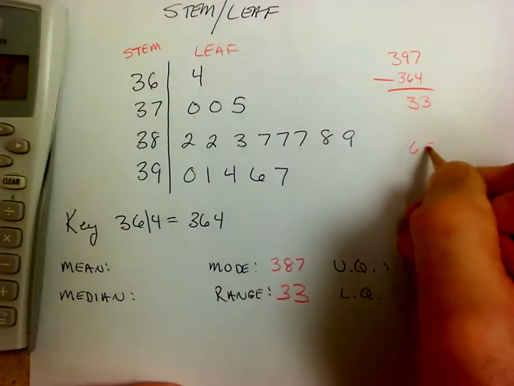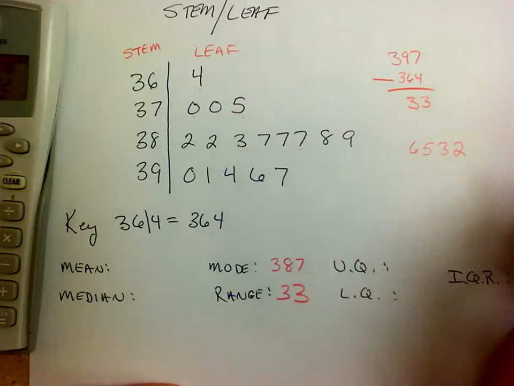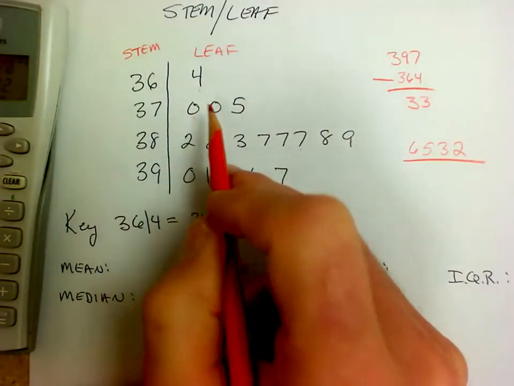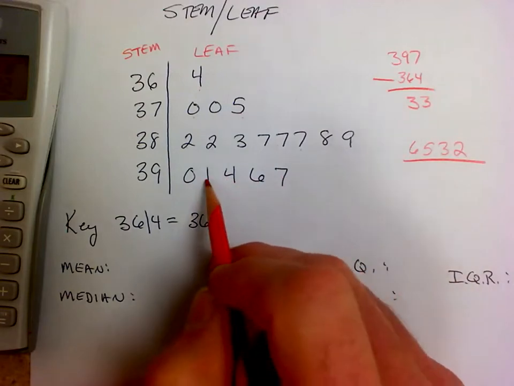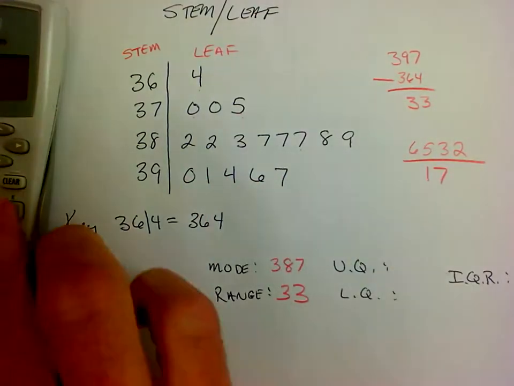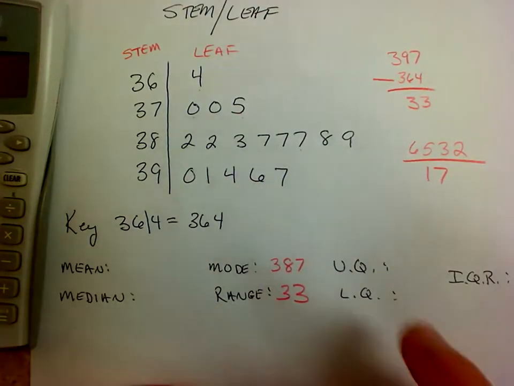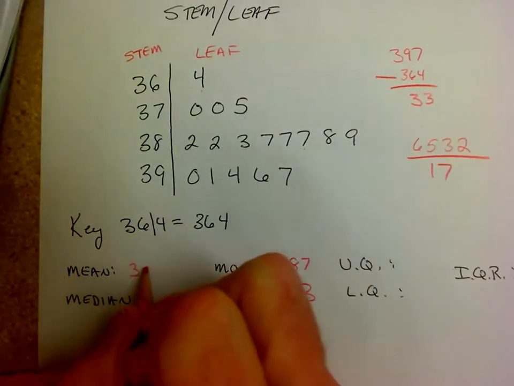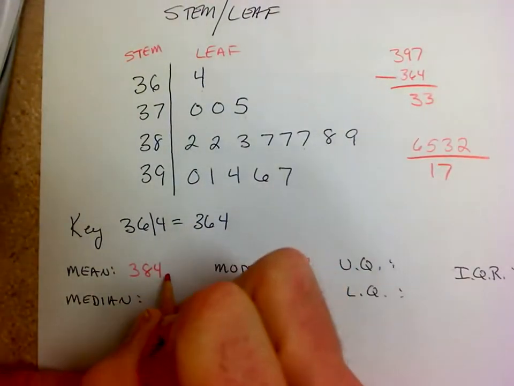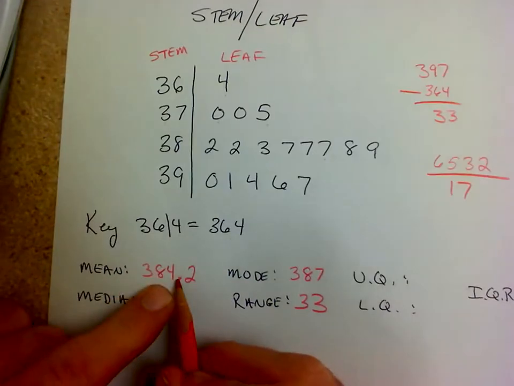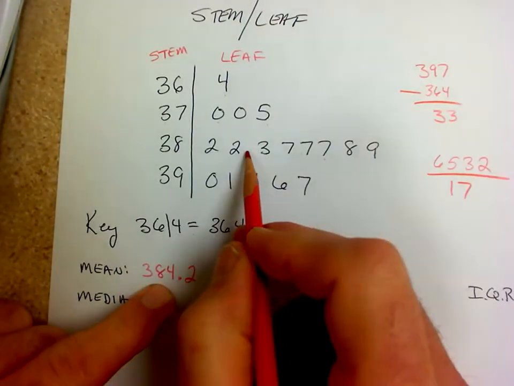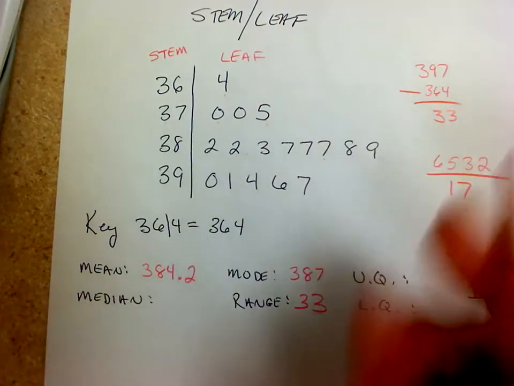I'm getting a total of 6,532. 1, 2, 3, 4, 5, 6, 7, 8, 9, 10, 11, 12, 13, 14, 15, 16, 17. We want to divide that by 17 values. I am getting an average of 384.2.